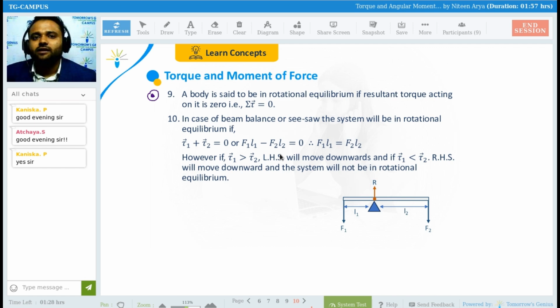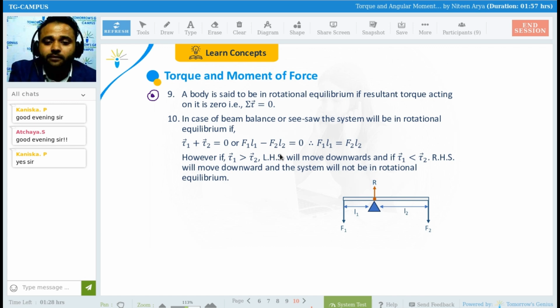The meaning is that you need to find the point where the net torque on that body is going to be zero. Net torque is zero means the sum of all the torques is zero. Clear?